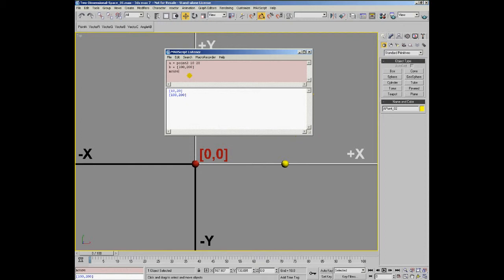The function mouse pos returns, for example, the position of the mouse relative to the upper left corner of the viewport. The function mouse screen pos returns the position of the mouse pointer relative to the window origin, and so on.